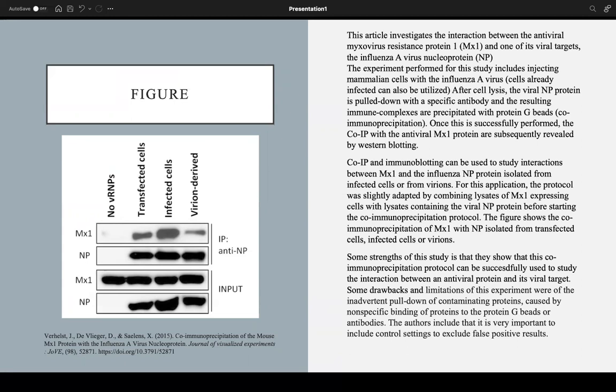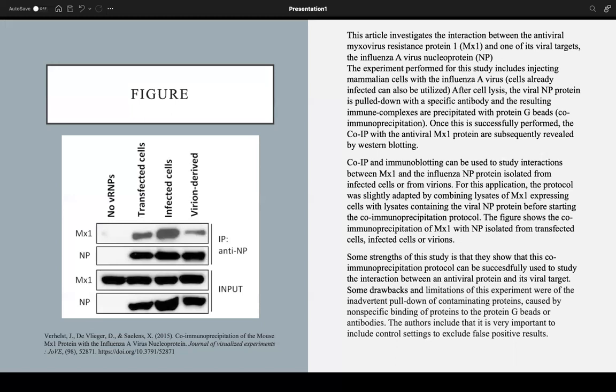After cell lysis, the viral NP protein is pulled down with a specific antibody, and the resulting immune complexes are precipitated with protein G beads. This is the co-immunoprecipitation process. Once this is successfully performed, the co-IP with the antiviral MX1 protein is subsequently revealed by Western blotting, or immunoblotting.